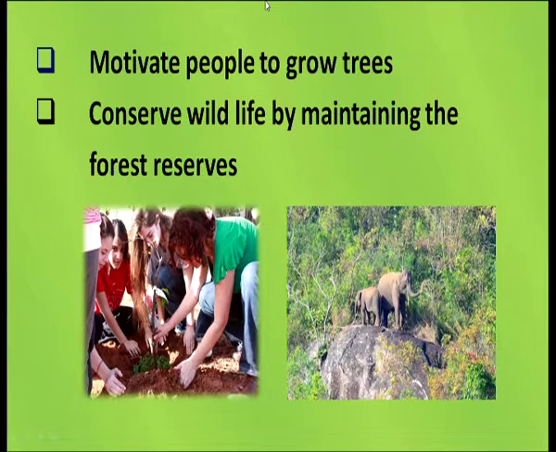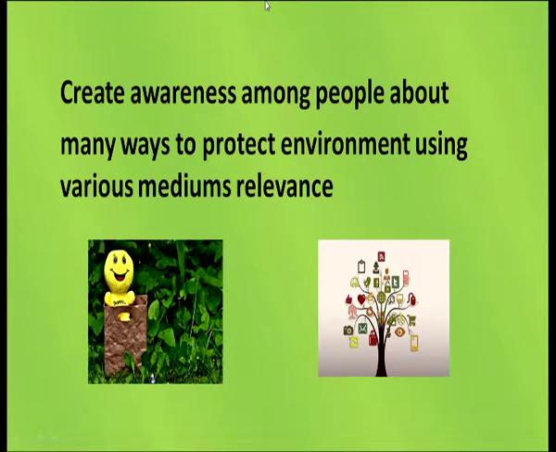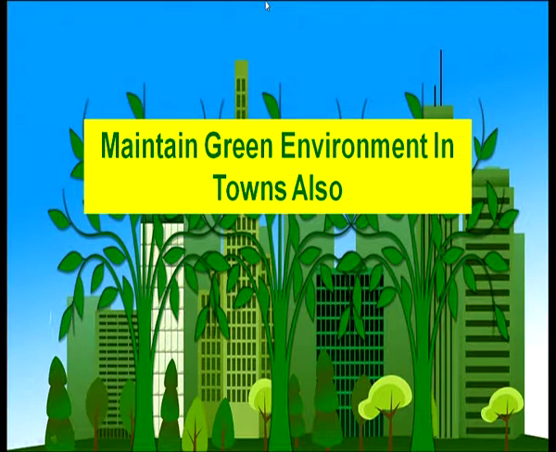Conserve wildlife by maintaining the forest reserves. Create awareness among people about the many ways to protect the environment using various mediums of relevance. Maintain green environment in towns also.